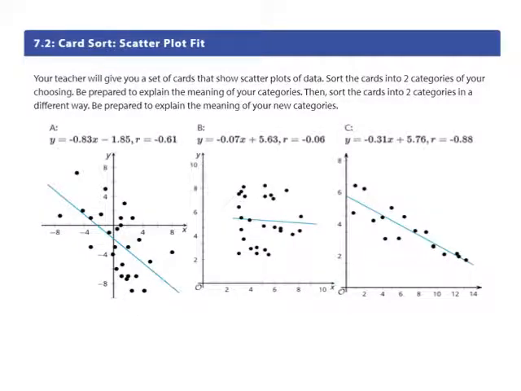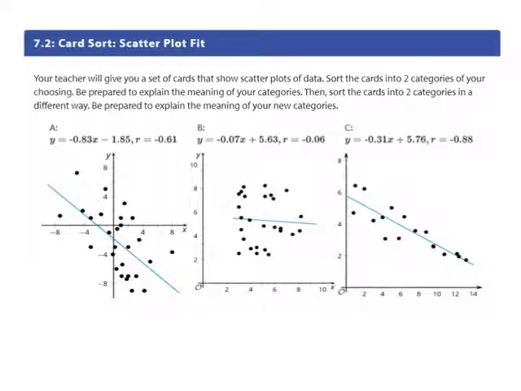In this activity, you have 10 scatter plots with drawn-in linear models, and they're on this slide and the next 2 slides. So hopefully you have the document file with you so you can pause it and try to answer the questions before I go over it. But what you're going to be asked to do is sort the cards into 2 categories. So you have to look at all 10 scatter plots and make a decision about which one belongs in bucket A versus bucket B. And you decide what creates those buckets, or explain the meaning of your categories.